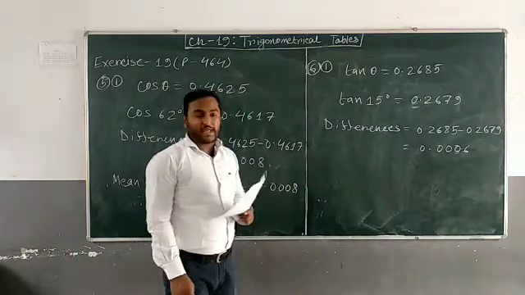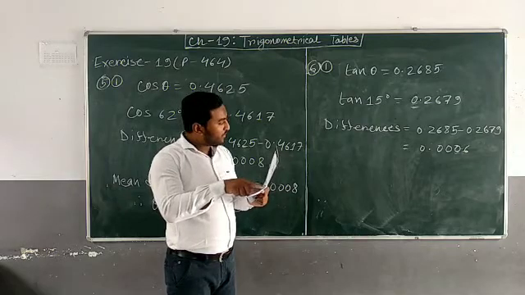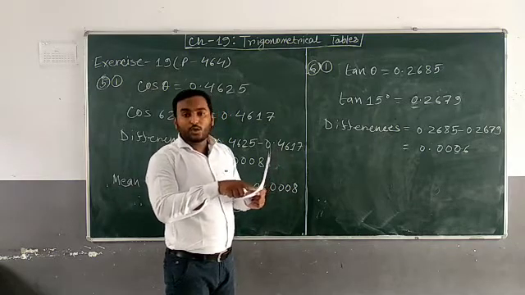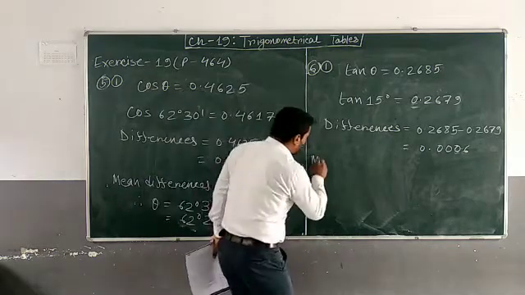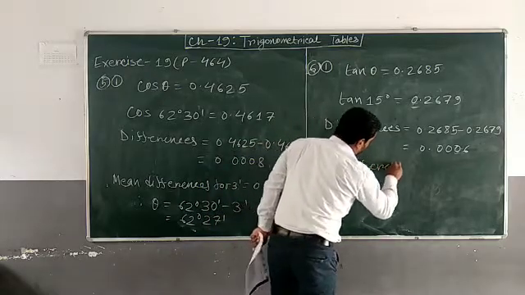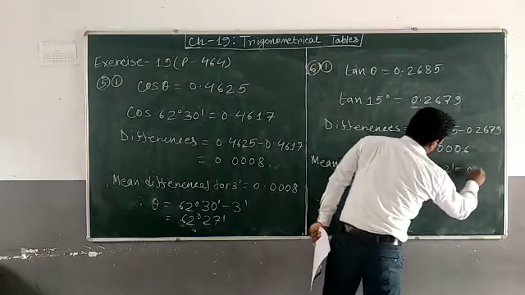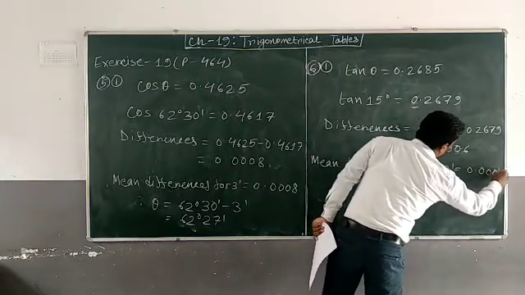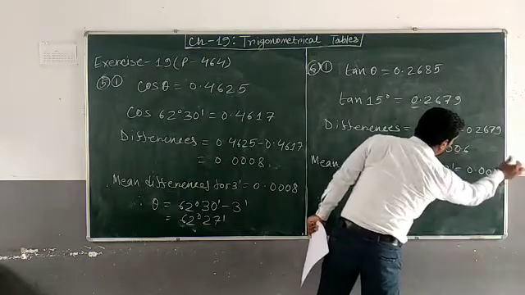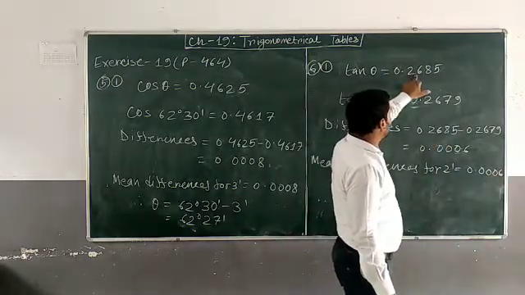For how much angle is this the mean difference? See the table, 15 degree, 6. This is for 2 minutes. So the mean difference for 2 minutes is 0.0006. We have to find the angle for 0.2685.